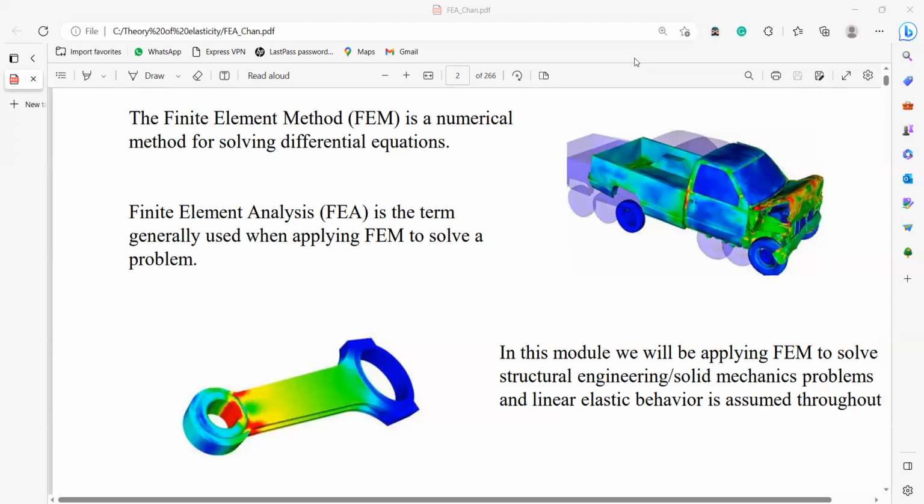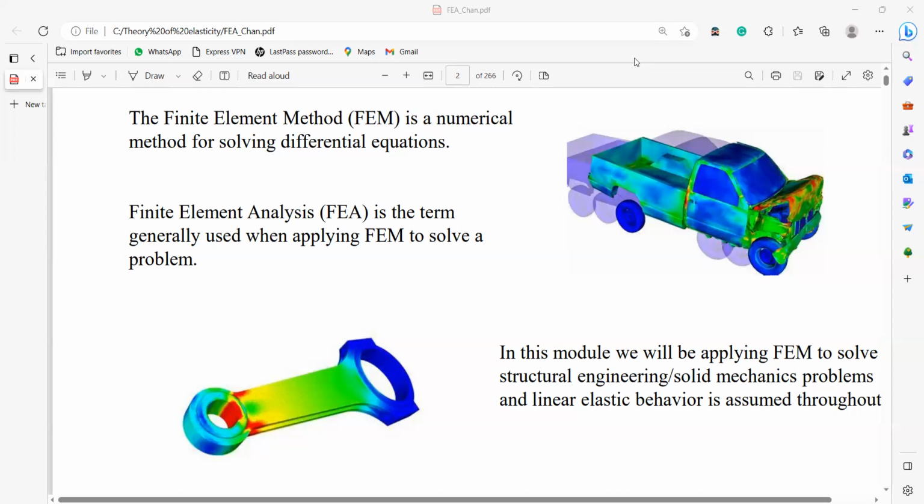The spanner is a static analysis, whereas the truck is a dynamic analysis. The crash would have happened in very few seconds, not even a second, microseconds or less. So, in order to capture that, we need to perform a time dependent analysis.